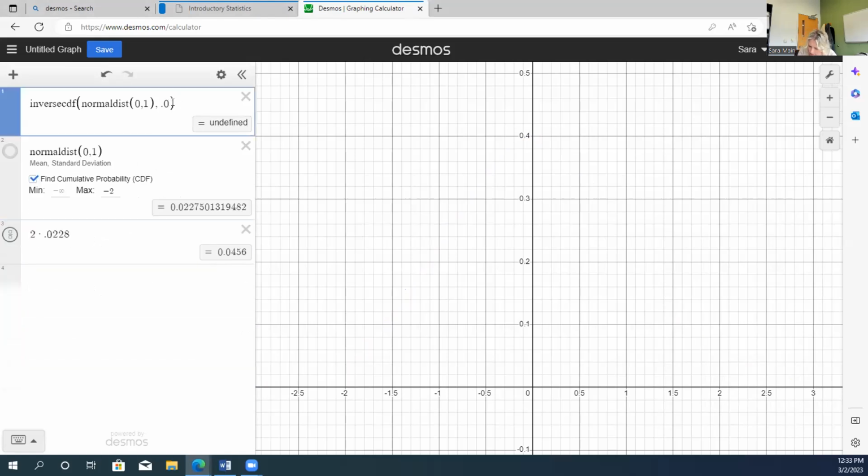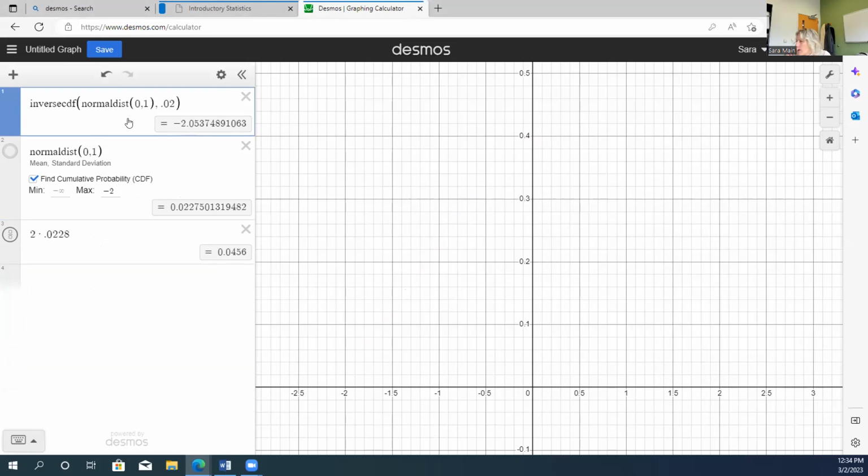So our area to the left is 0.02. And it says that a negative 2.0537 is the z-score that goes with that. And we're going to round to 2 decimal places. So z must equal a negative 2.05.